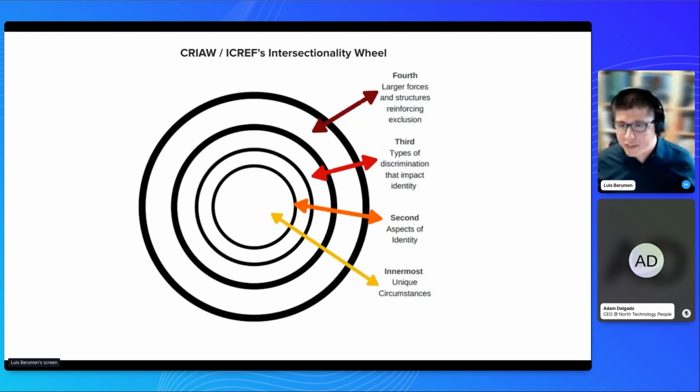Another part is aspects of identity. As I said, we can be understood from one perspective, but we have multiple aspects that are continuously evolving. And the innermost is unique circumstances. And these unique circumstances most likely are what makes us us.